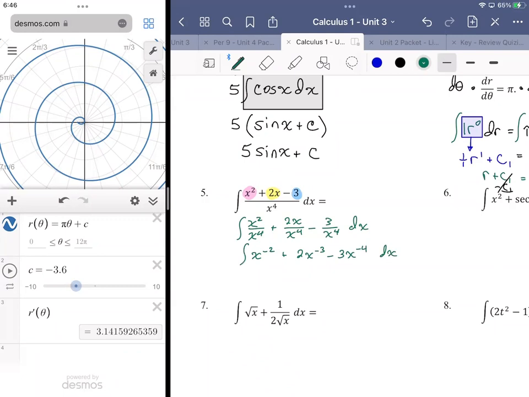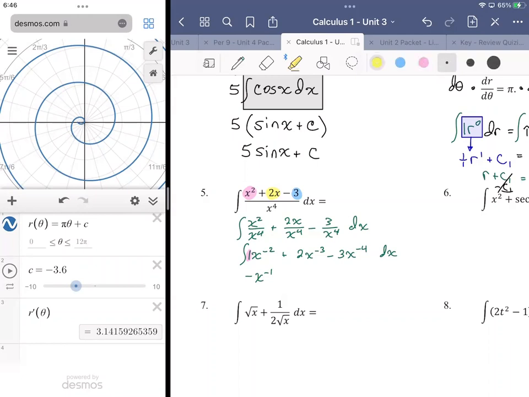And then anti-differentiate each piece by taking each exponent, adding 1 to it, and dividing the coefficient there by that new exponent. All right. So if I take my exponent -2, add 1 to it, I get a -1. Take this 1, divide it by that new exponent, I'm going to get a -1. So -x to the -1st. All right.